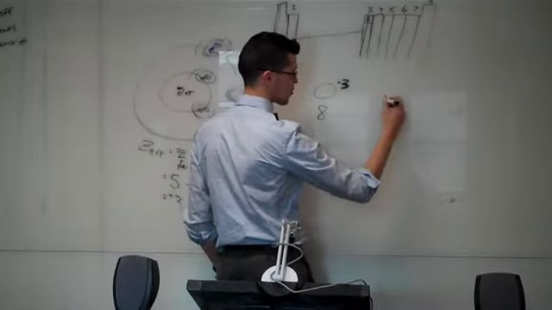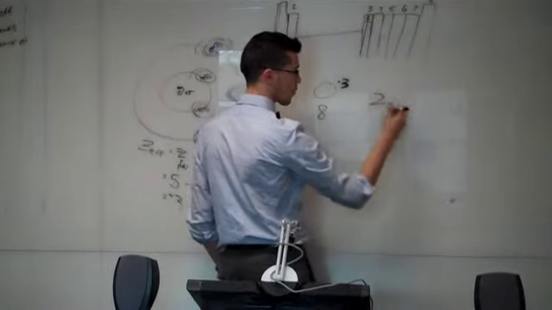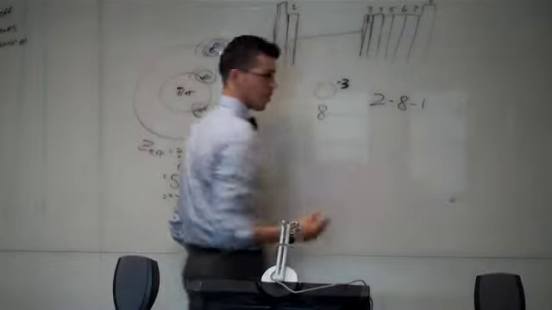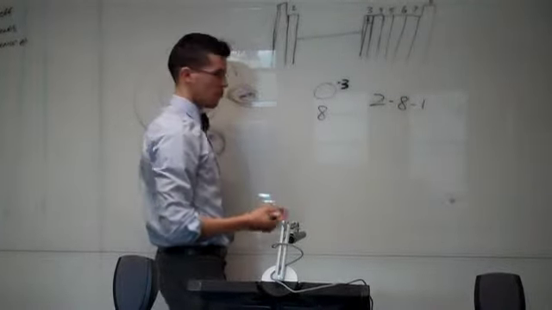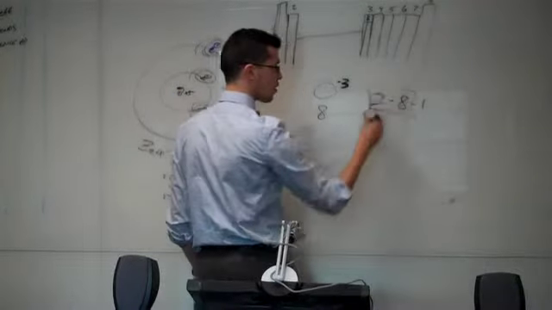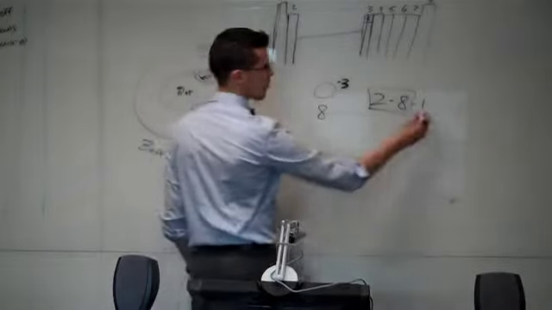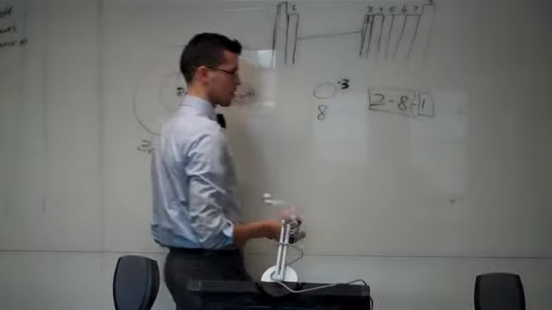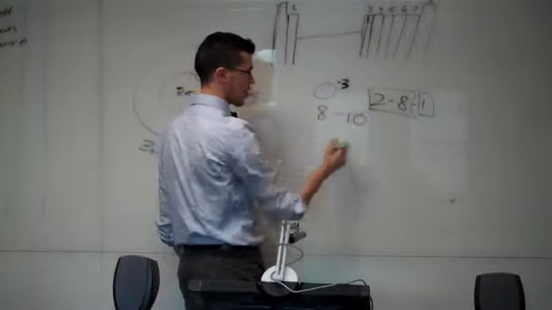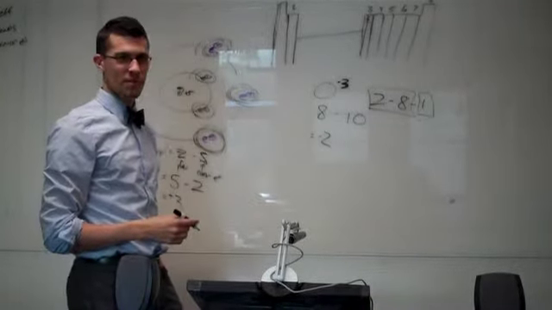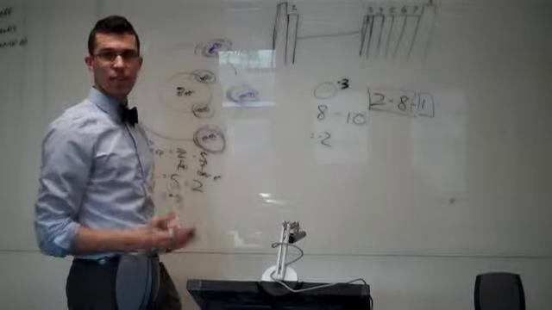If we want to write this out, it's going to be 2-8-1. So now we have 10 core electrons, and we've got 1 valence electron. So it's going to be 8 minus 10, which will give us a -2 charge, which doesn't make a whole bunch of sense. But that's how you'd figure this out.